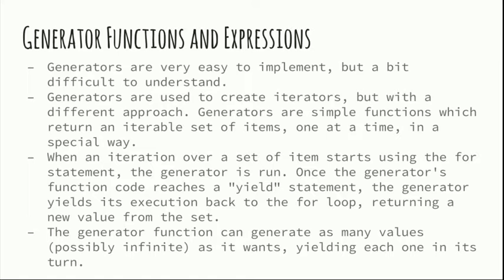When an iteration over a set of items starts using the for statement, the generator is run. Once the generator function code reaches a yield statement, the generator yields its execution back to the for loop, returning a new value from the set. The generator function can generate as many values, possibly infinite, as it wants, yielding each one in its own turn.